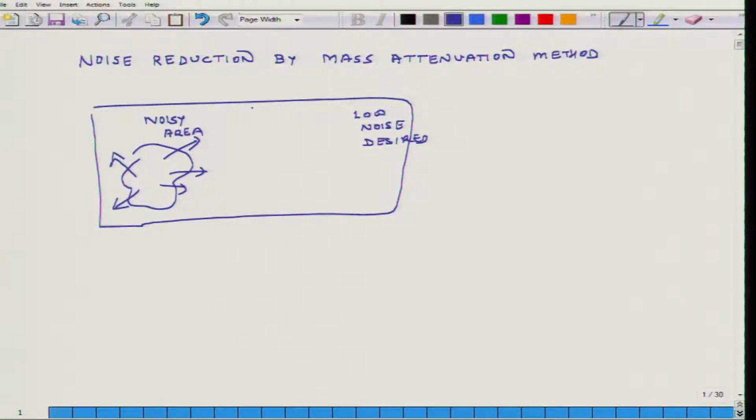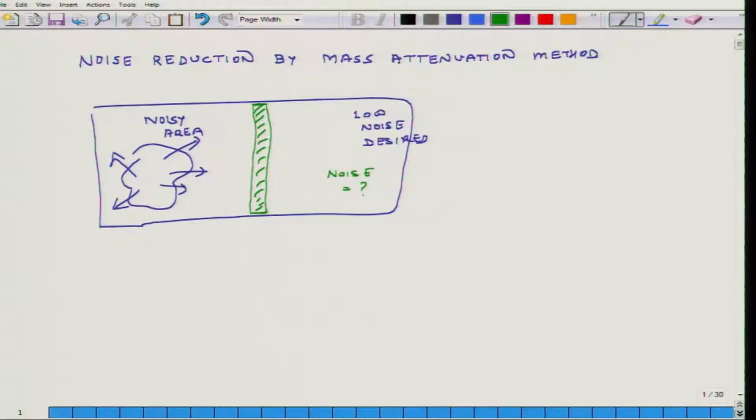A lot of times people put some partitions. You can construct a wall or put a partition using a board or something, and then what you want to understand is what will be the noise transmitted in this area. That is the aim. This is the problem we will try to address in the first part of this week.